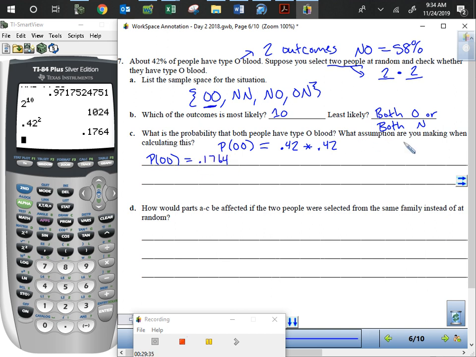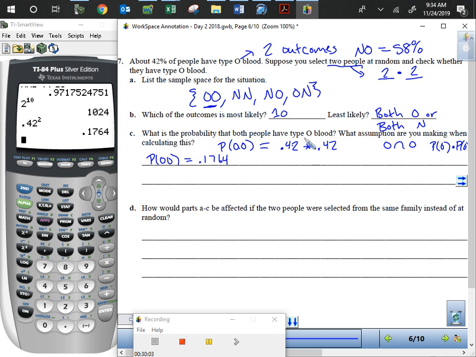Now it says, what assumption are you making when we calculate this? What makes it okay for us to multiply these 2 together and do nothing else? Remember, I said out loud, this is O and O. We can multiply these together, the probability of O times the probability of O, when the events are independent.